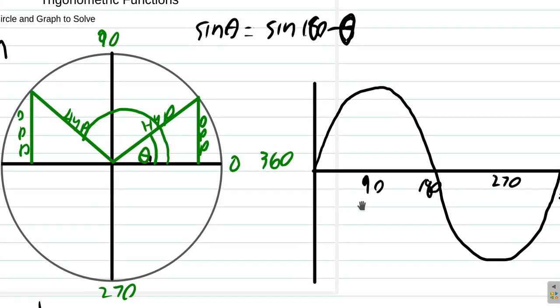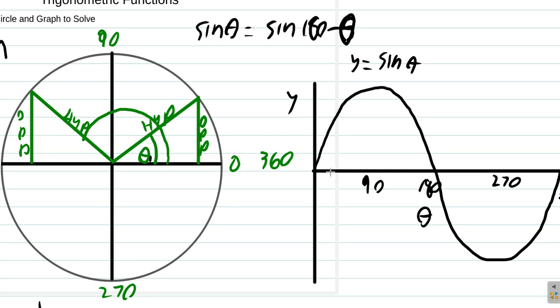Now remember, this is y equals sine theta. These are the angles theta, and this is y. Now, the sine of 30, say, somewhere here.